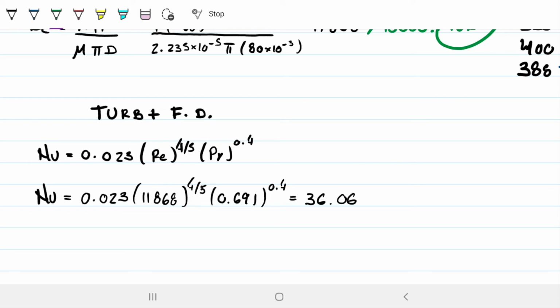Okay? And we know that this has to be equal to the convective coefficient times the characteristic length divided by my conductivity. In this case, it's a tube, so it's the diameter.